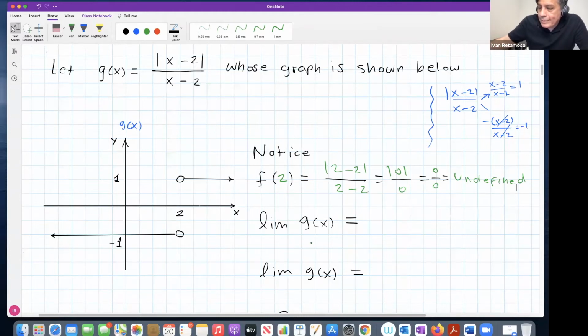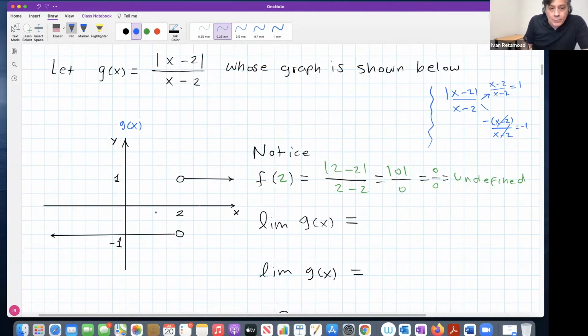But now, the fact that we cannot compute this function at x equal to 2 shouldn't prevent us from investigating what happens in the neighborhood of the input value x equal to 2, meaning on the right or on the left, before reaching 2. And let's do that again as we did before.